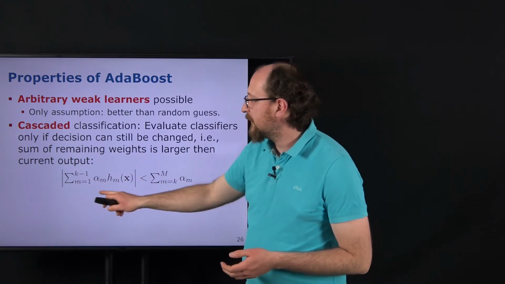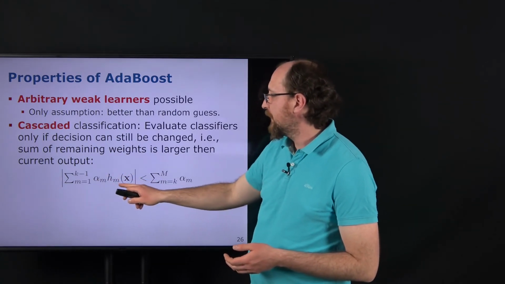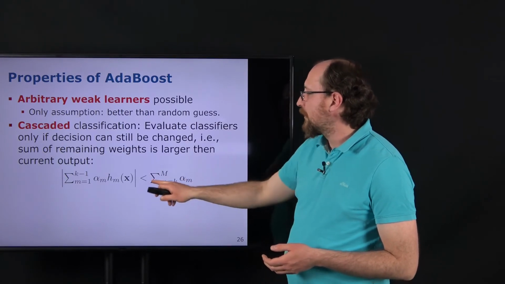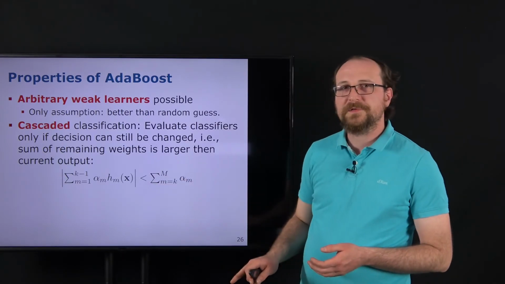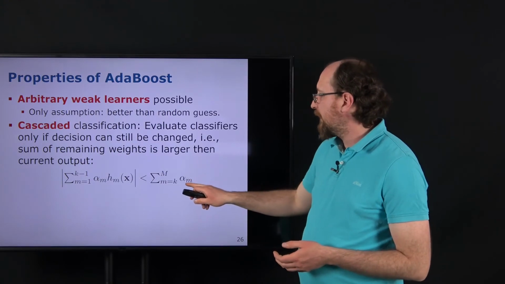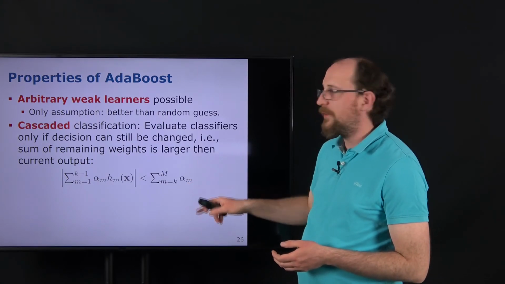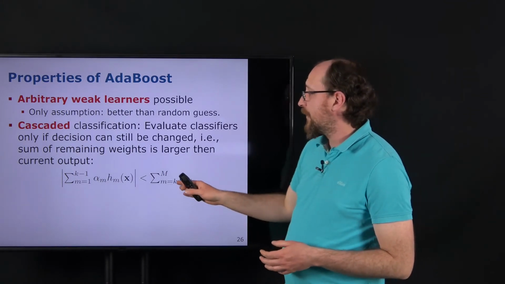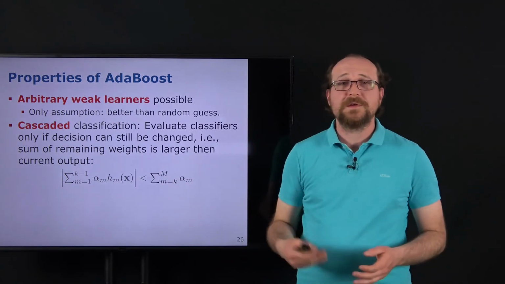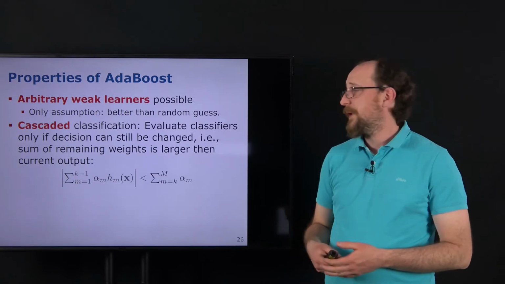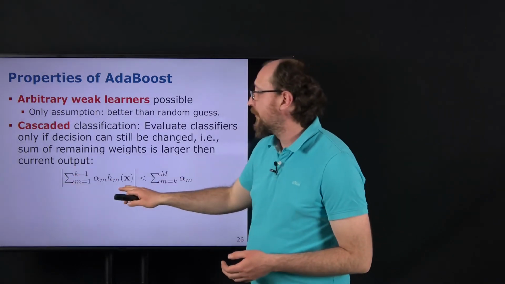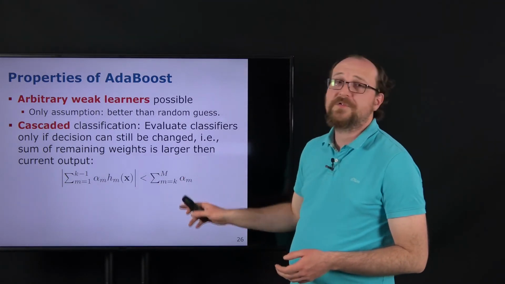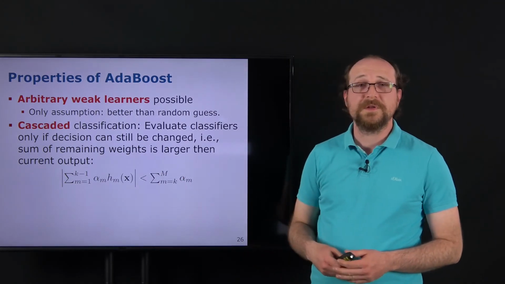So it's maybe getting so positive that even if we would now look at the other weak classifiers, because they are just weighted by alpha m, and they will only do -1 or 1, we can just stop evaluating the weak learners when we found out, okay, this part is already so positive or so negative that it cannot possibly be changed by the other weak learners anymore.